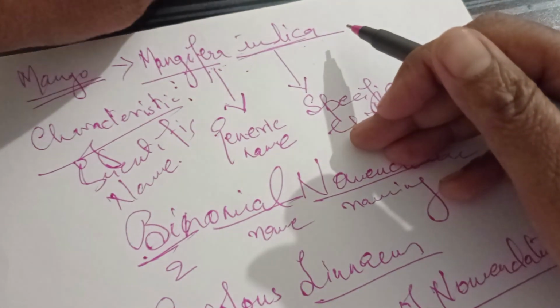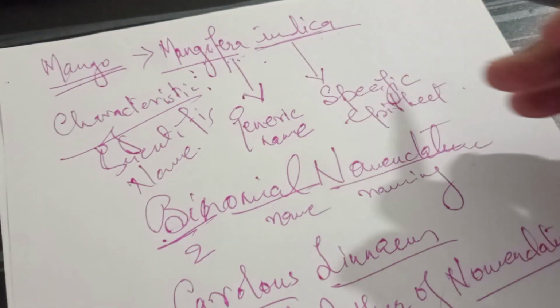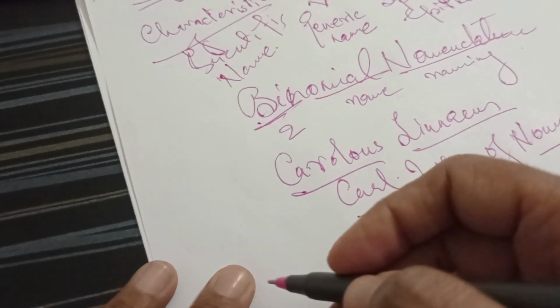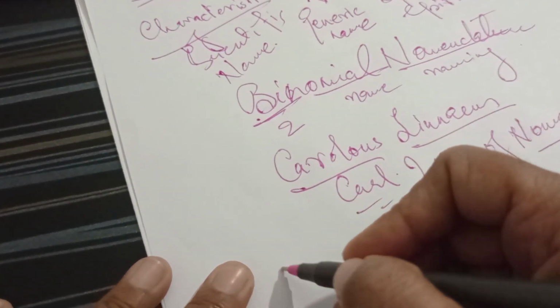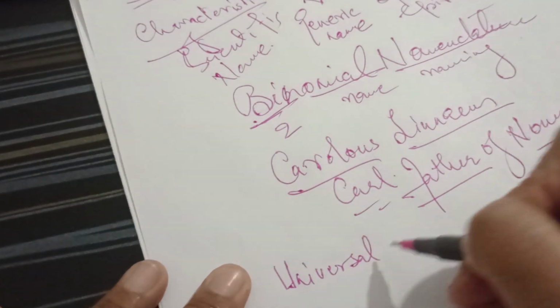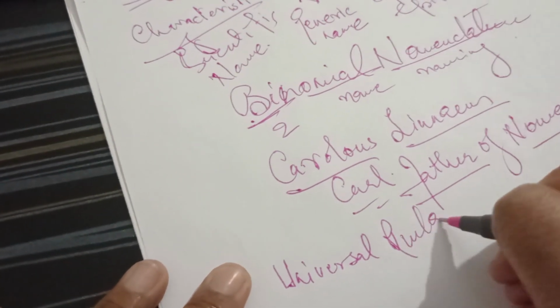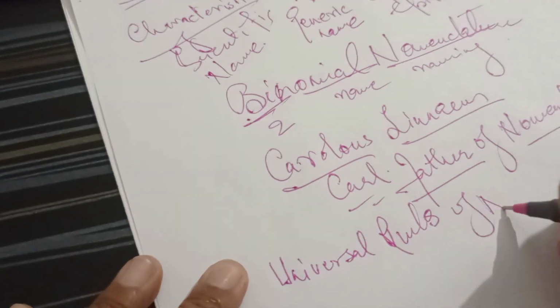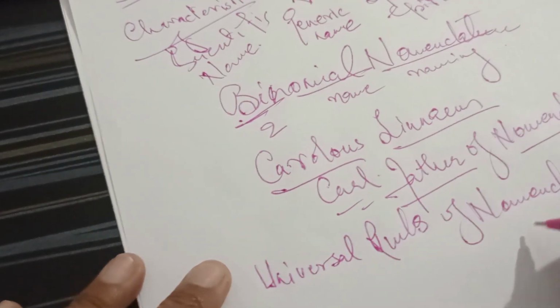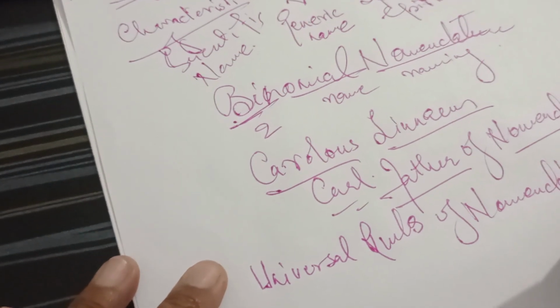Now this binomial nomenclature is accepted universally, and there are some universal rules of nomenclature.